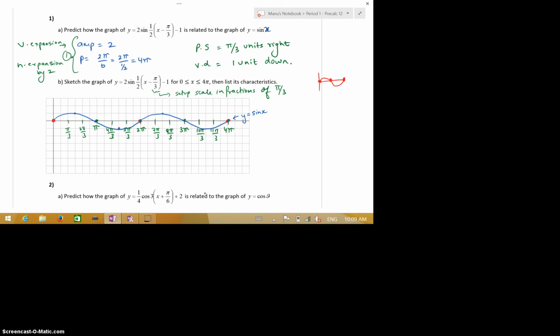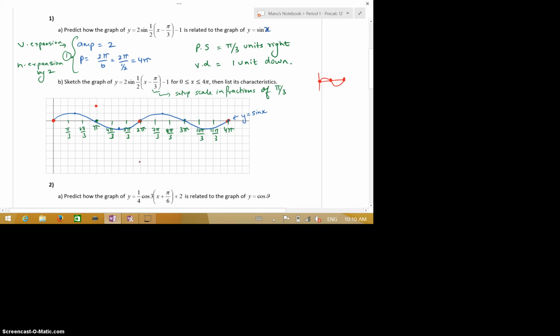In between the first and the second intercept, it's going to have its maximum. So if it's got a 0 at 0 and 2 pi, at what x value is it going to have a maximum value? Pi. And what's the maximum value going to be? 2, because the amplitude is 2. So at pi, it's going to have an amplitude of 2.